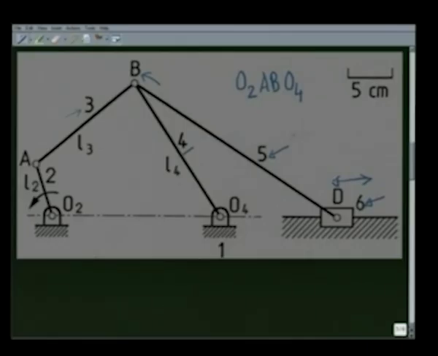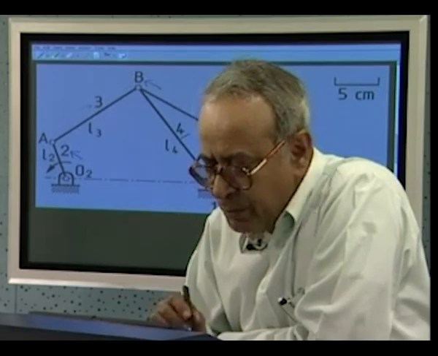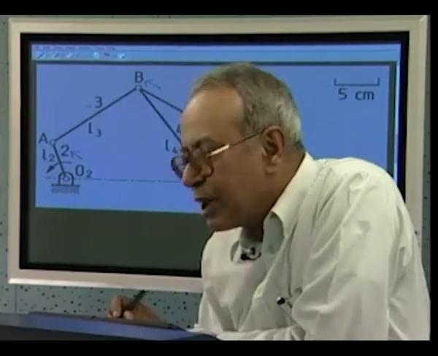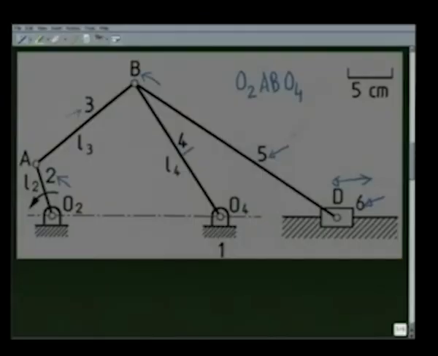The question is, if this link O2A, that is link number 2, rotates completely, what is the stroke length of the slider at D? The scale of the diagram has been shown here, that this distance is equal to 5 cm.